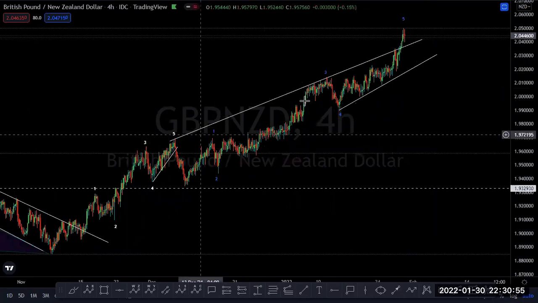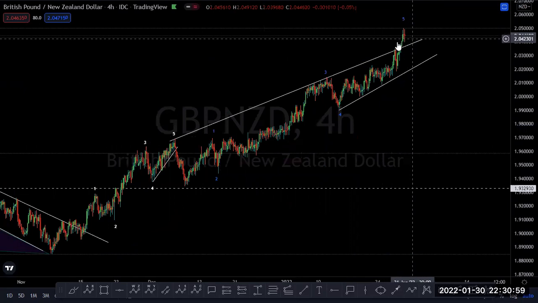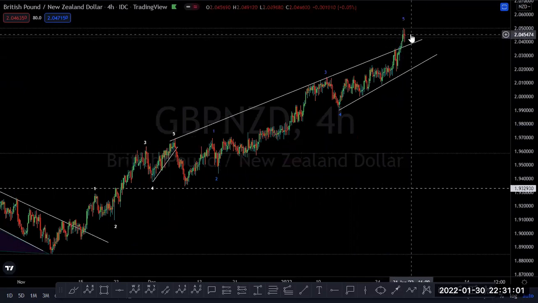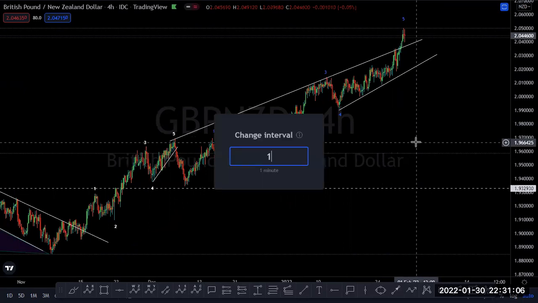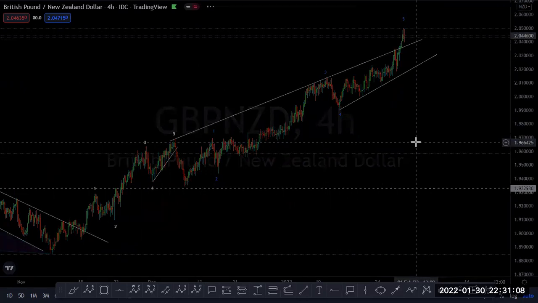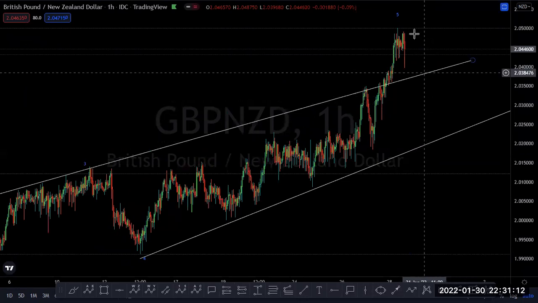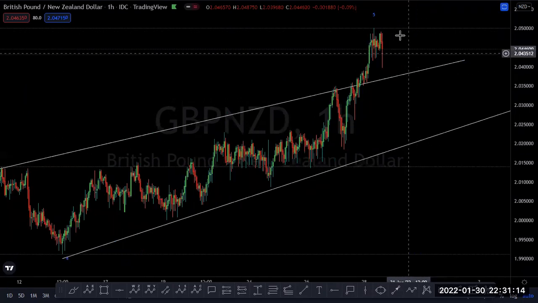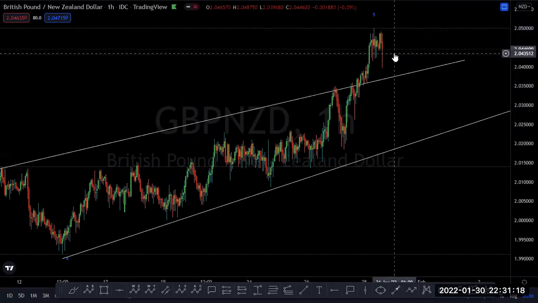Okay, you can see last time I was thinking it's making ending diagonal, but it pierced it and kept going up. So now, what are we going to do? For those who trade it, I hardly trade it anyway. For those who trade it, my advice is that you will be conscious of trade when it begins to make a lower low.